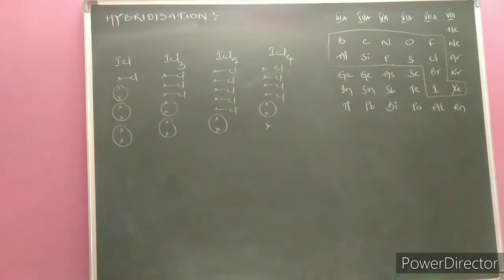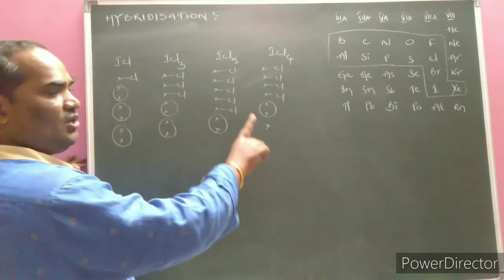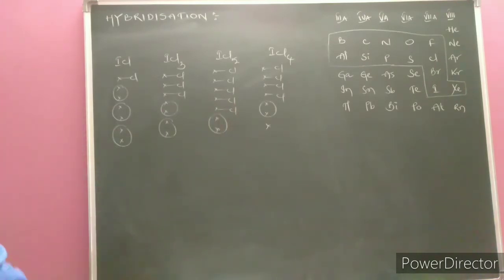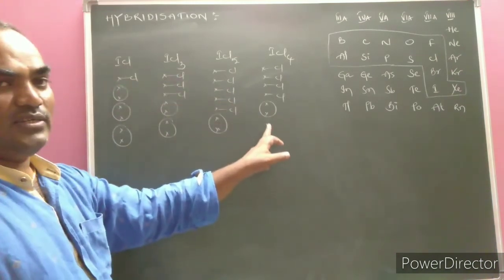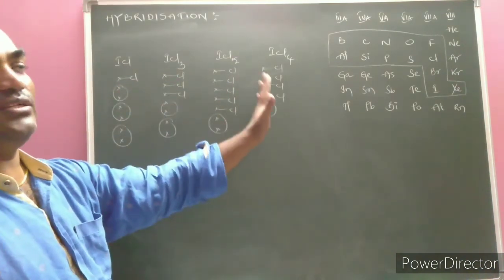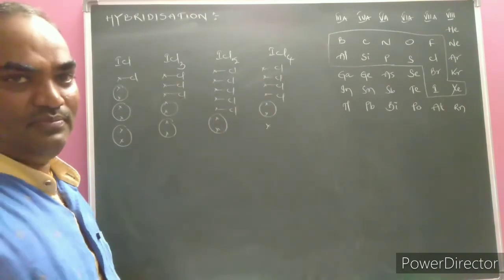If a single electron is present, that is impossible. Means, making use of our concept, we can discuss whether the molecule is possible or not. That is already discussed at the starting part. Here an odd number of electrons is present, that's why it is unstable and impossible.